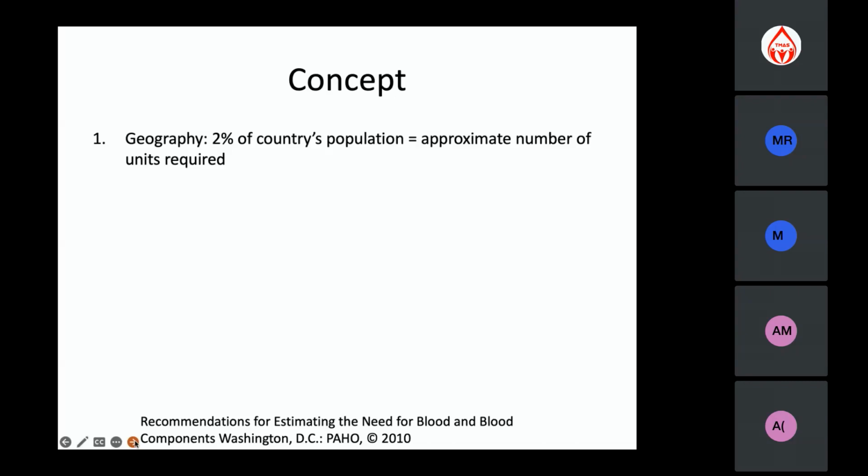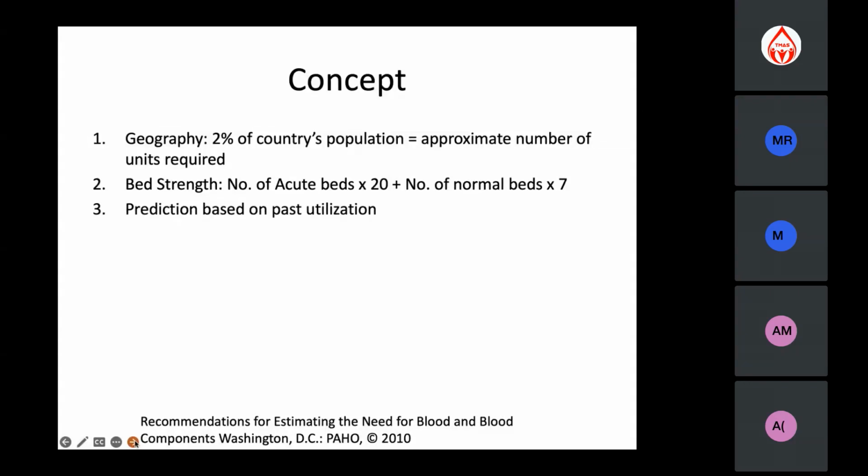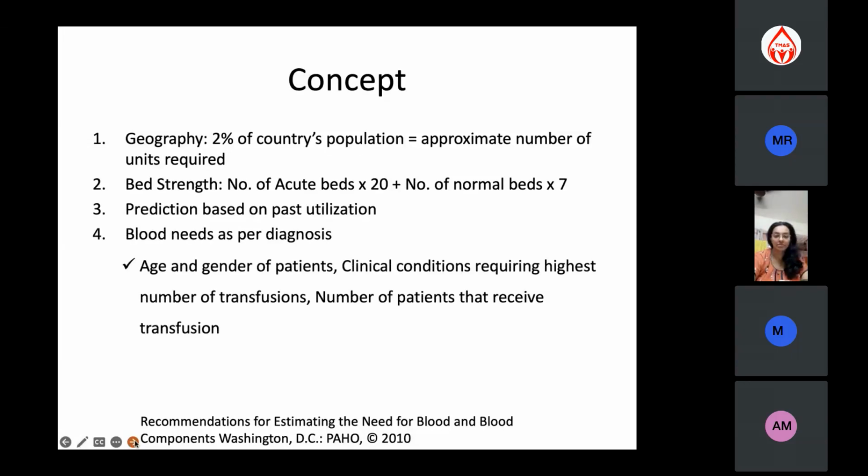The next formula used is bed strength, which we are going to discuss in the next few slides. The third is predictions based on past utilization. This is also commonly used and can be done on a real-time basis. The last one is blood needs as per diagnosis.